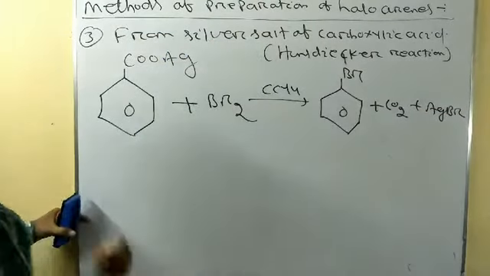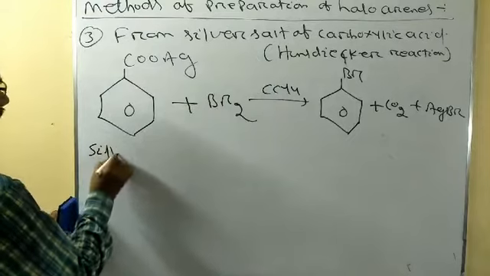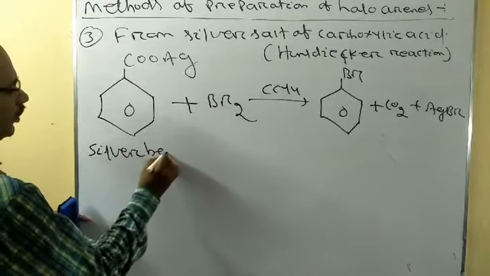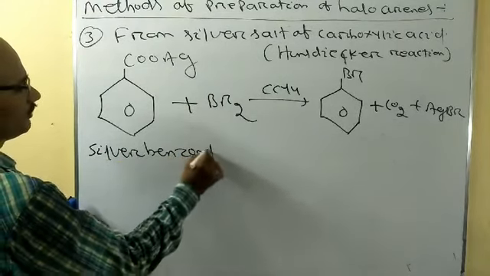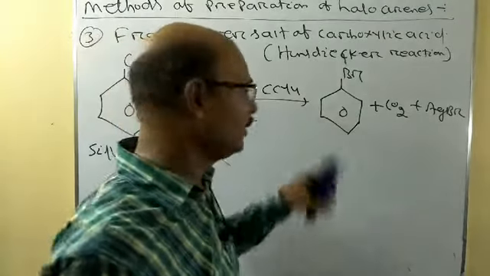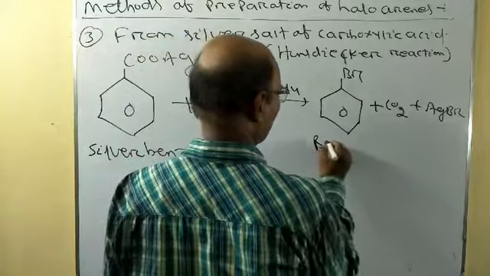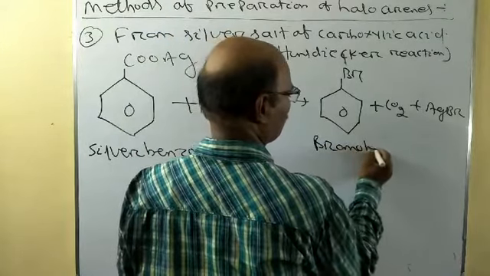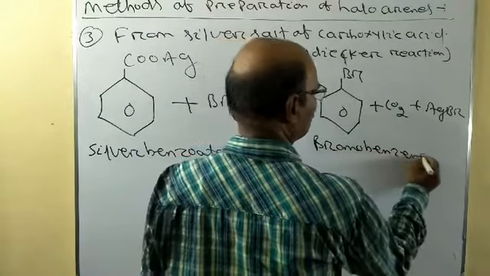So silver benzoate reacts with bromine in CCl4 inert solvent, you get bromobenzene.